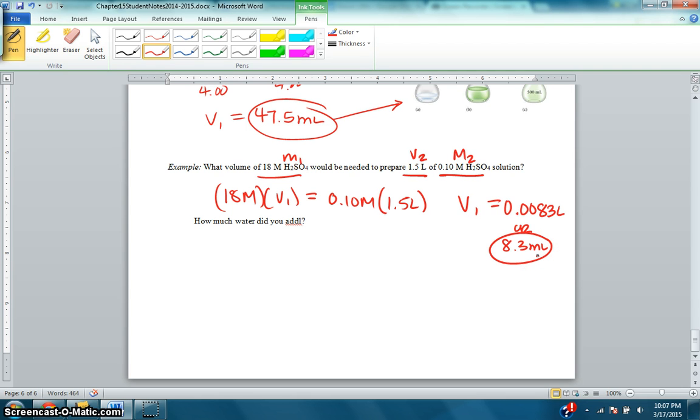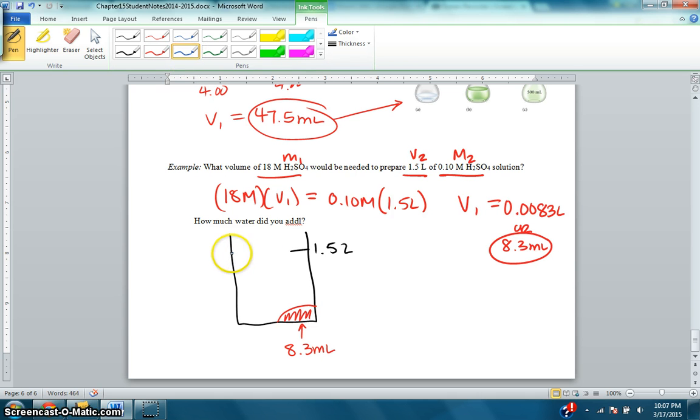So that would be how much stock solution we needed to make this diluted solution. A secondary question we can ask is how much water did we add? So if we kind of draw a picture to think about what's happening, I know I want my final volume to be 1.5 liters. What this told me is that in order to make this dilution, I need to put in 8.3 milliliters of my stock solution.